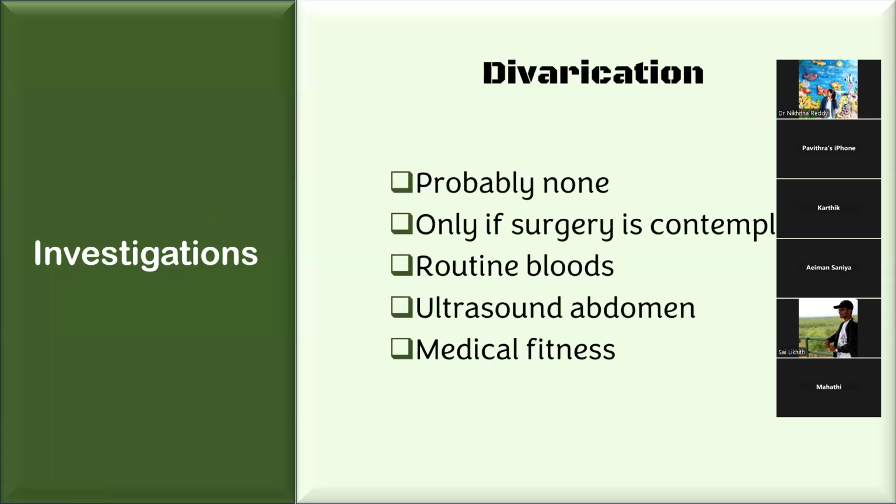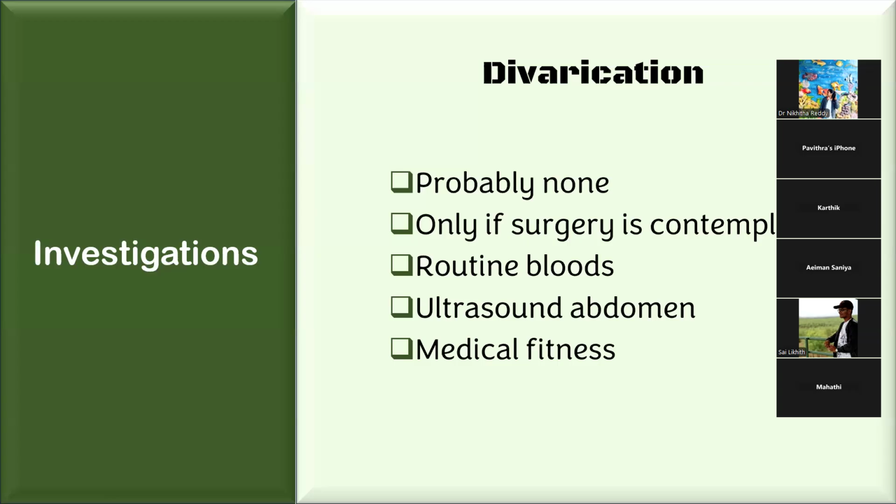So probably none. If you see somebody with divarication, complaining of, as Nikita said, a cosmetic defect, you would probably do nothing. Reassure them and send them home. But if they're very symptomatic and you're contemplating surgery, you will have to do the routine pre-op workup like routine bloods, ultrasound abdomen, and get the medical fitness done.